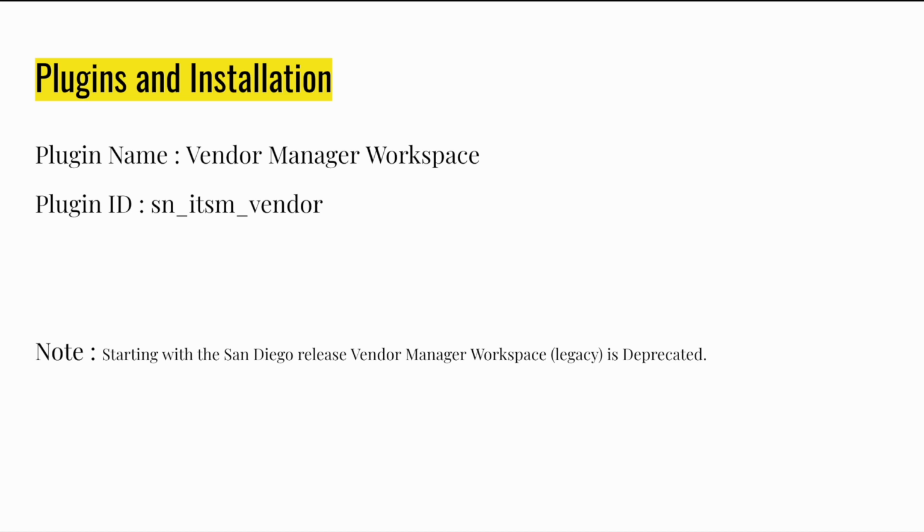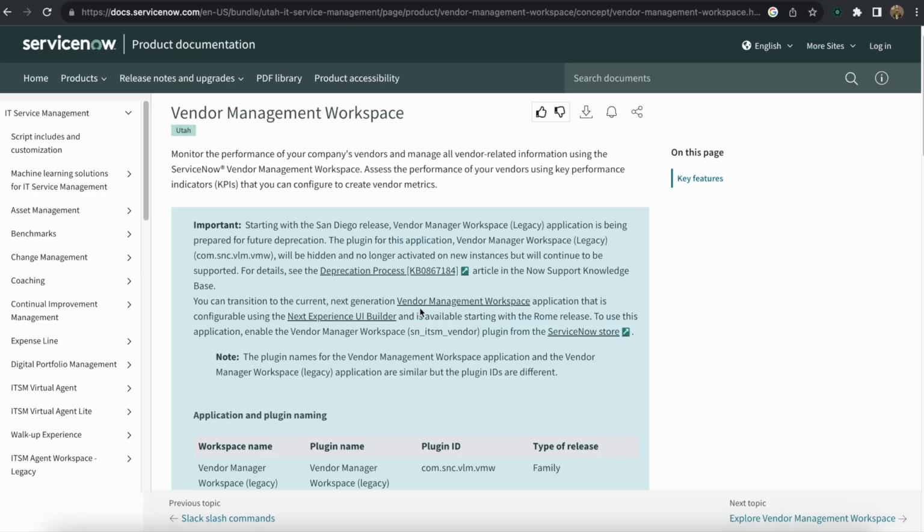Going forward from San Diego, we can use only the new Vendor Manager Workspace and not the old one. The older versions which already have that plugin installed can use it, but from San Diego we can't install that older version.